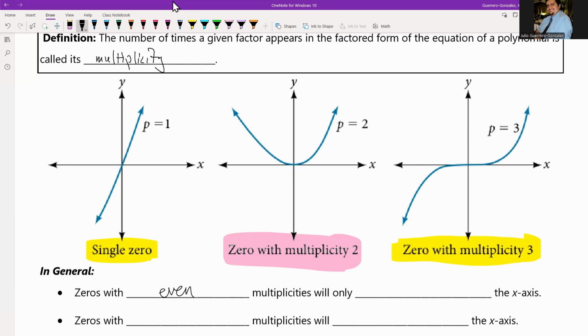The zeros with even multiplicities will only touch or bounce off the x-axis. It'll just touch that point and then bounce back off, going back where it came from. It's the odd ones, if you have an odd multiplicity for a zero, that will cross it.